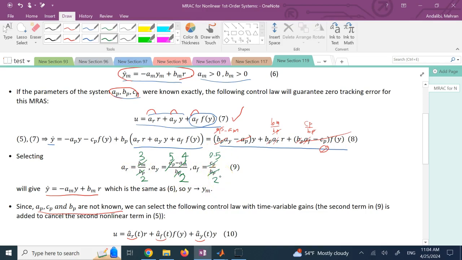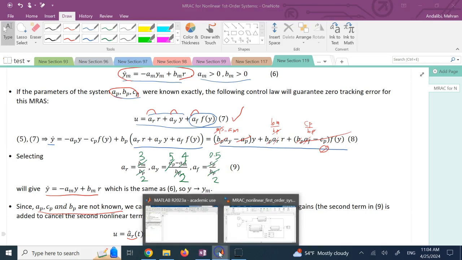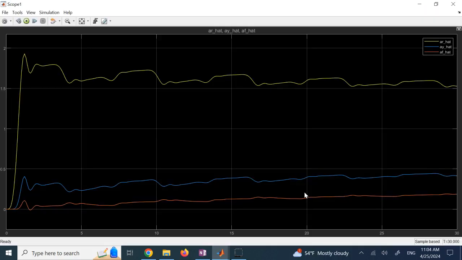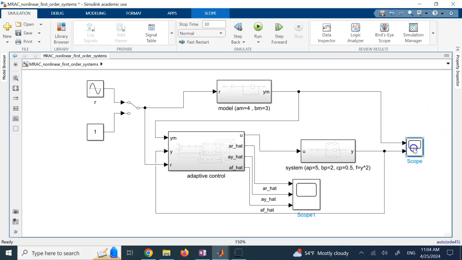Okay, and do they converge to these values? The answer is, since I use this harmonic function for my R, they will, if you look here. See that the yellow one, a R hat, is going to 0.5, the blue one, the Y hat, is going to 0.5 over time, 1.5, 0.5, and then the red one, a F hat, goes to 0.25, and clearly the error in tracking is 0.